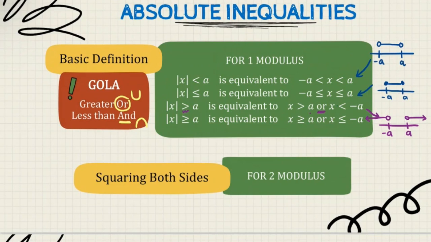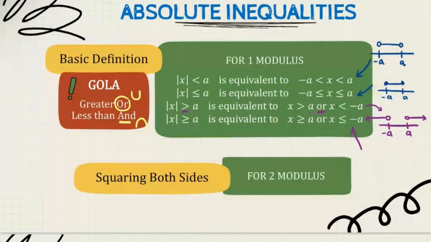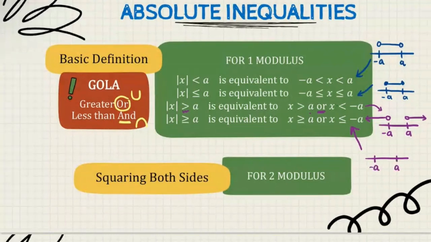Dan untuk this part pula, negative a and here adalah a. So a ke arah kanan full dot and negative a ke arah kiri pun sama full dot. Okay, so that is how it will be represented on our number line.